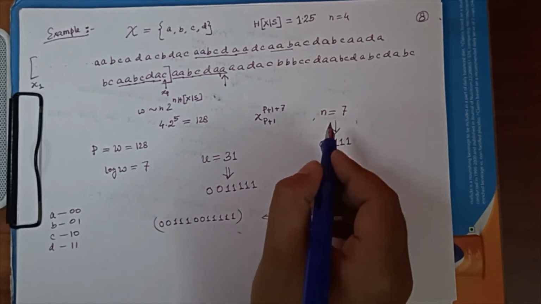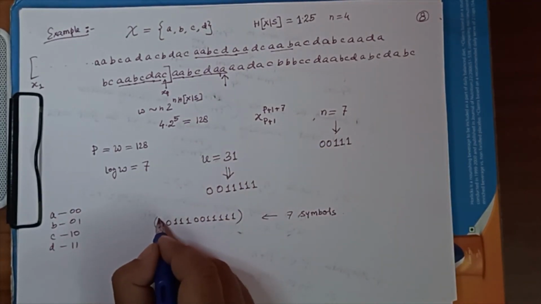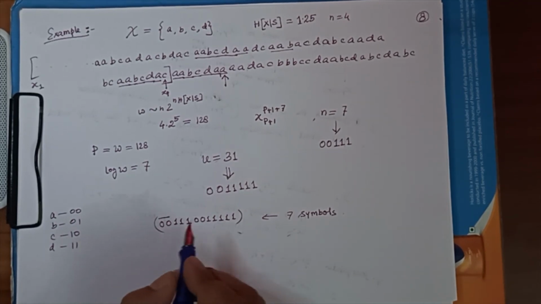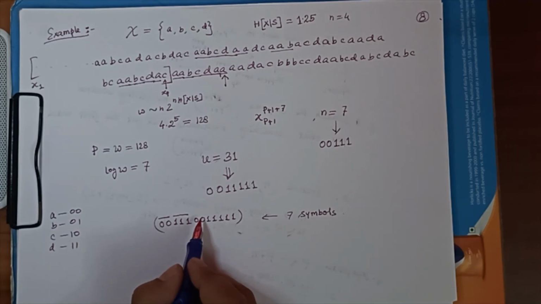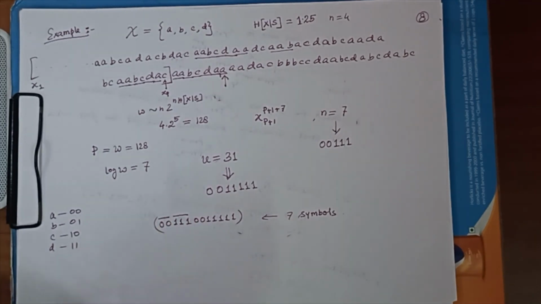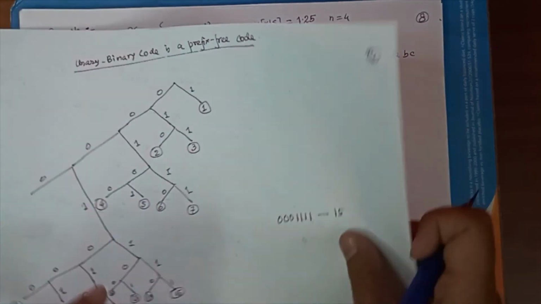How do you know what is n? Search for the number of zeros. If there are 2 zeros, then go 3 bits after that. If you are getting 3 zeros, go 4 bits after that. So whatever number of zeros you are obtaining, go 1 bit more, and this will be your number that you can get from the unary binary tree.